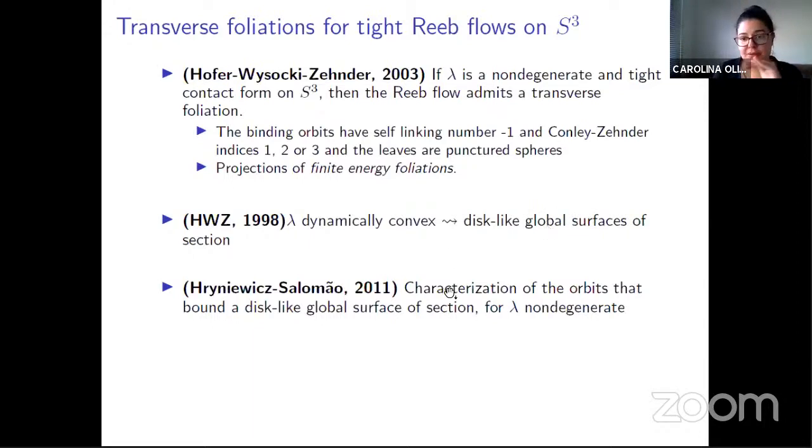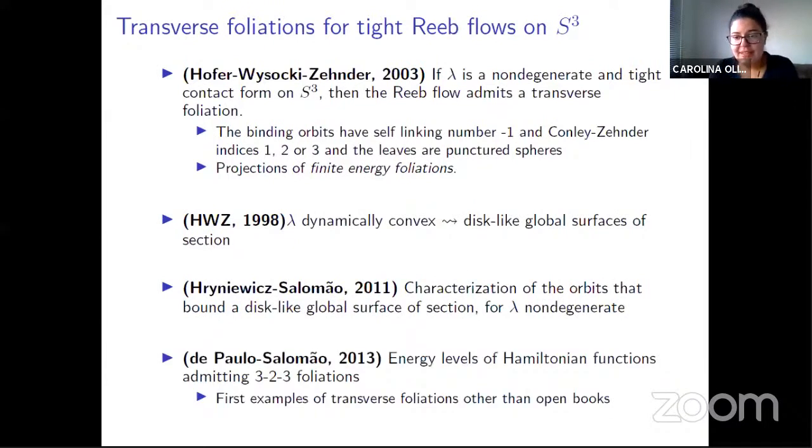And for general tight Reeb flows, but non-degenerate, we also have a characterization of the orbits that bound these global surfaces of section, or that are bindings of the open books determined by these global surfaces of section. But for more general transverse foliations, we don't have any characterization.